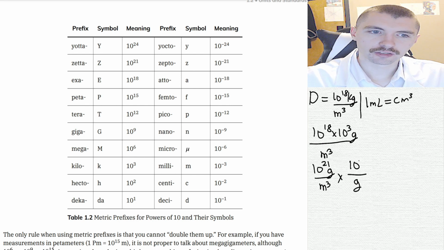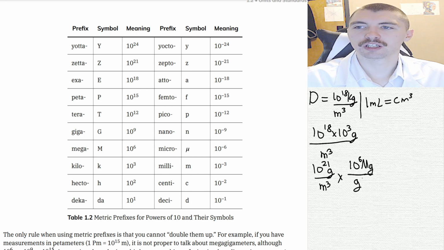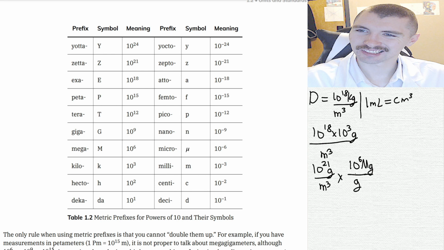There's 10 to the 6 grams in a megagram, or 1 megagram is equal to 10 to the 6 grams. Is that right?